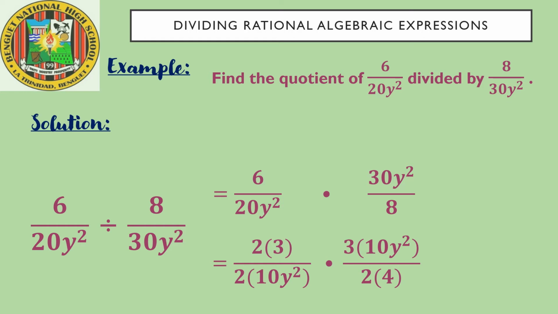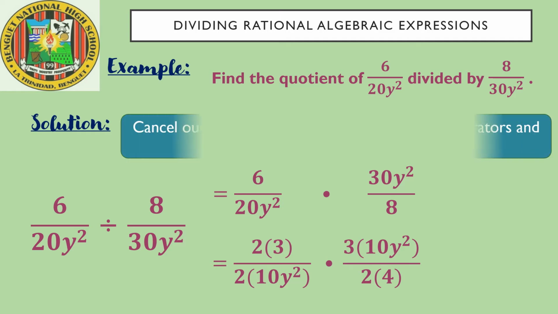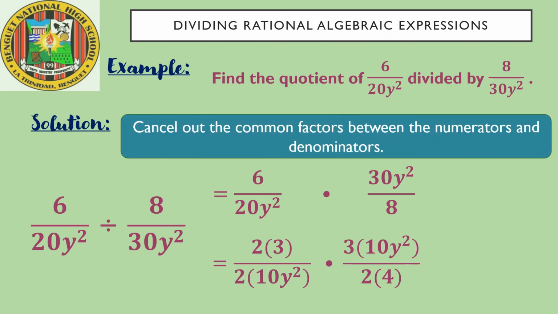After writing the expressions in their factored form, the next step is to cancel out the common factors between the numerators and denominators. We see that the numerator of the first RAE and the denominator of the second RAE has a common factor of 2, so we cancel those out.